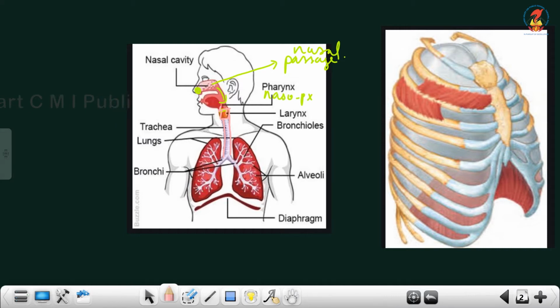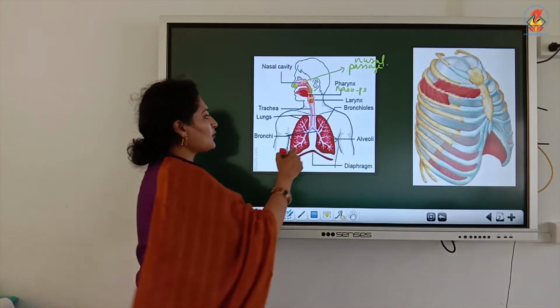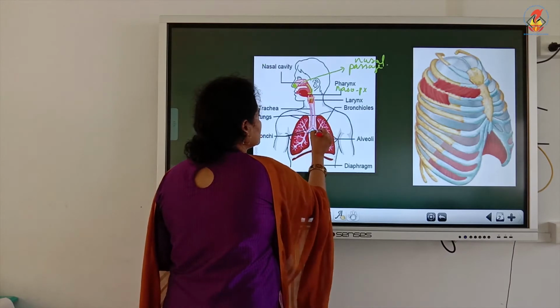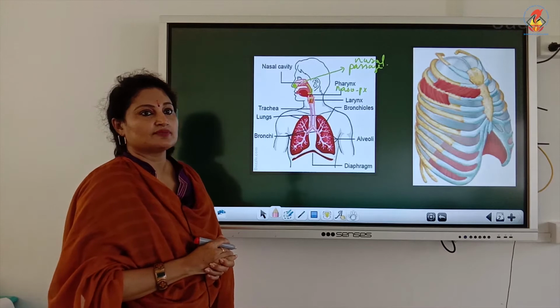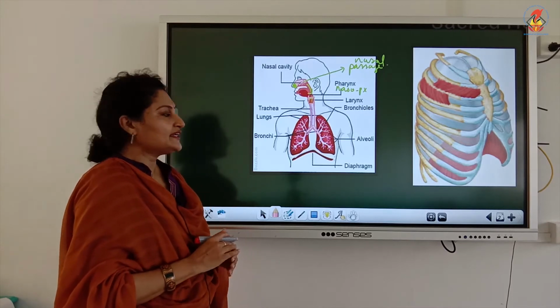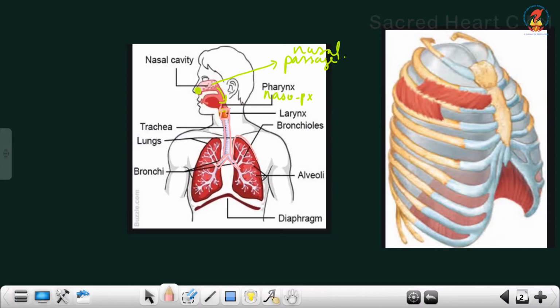The trachea is a straight tube which runs down vertically till the mid of the thoracic cavity, up till the fifth vertebra, where it divides into two branches, namely the right and left bronchi, and each bronchus enters the lungs. Once it enters the lungs, the bronchi divides and redivides into finer branches.